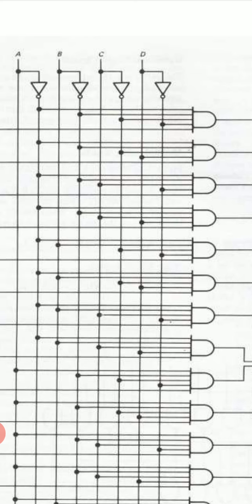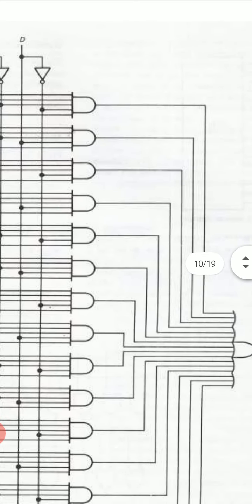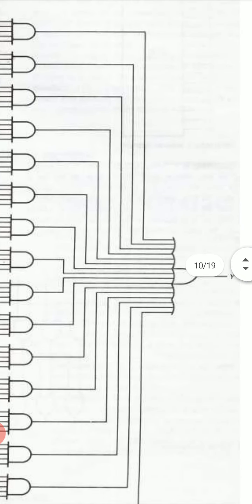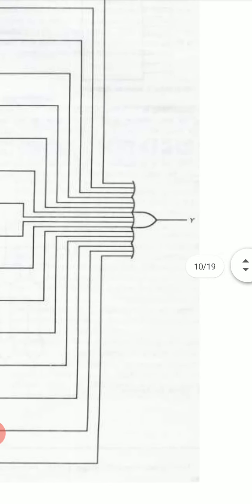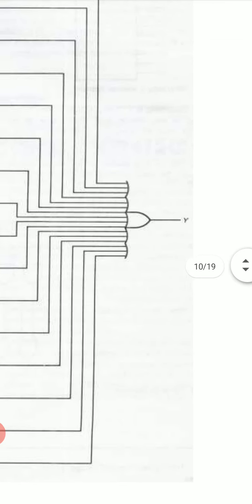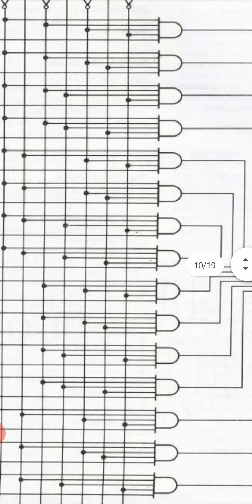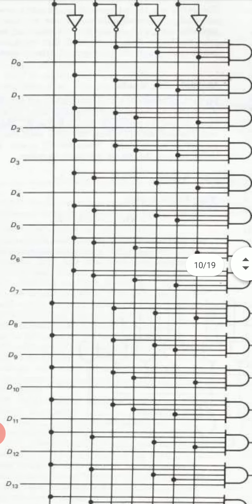Each of the 4 inputs is 1. So the output of the uppermost AND gate will be 1, and from this OR gate we get output Y equal to D0.